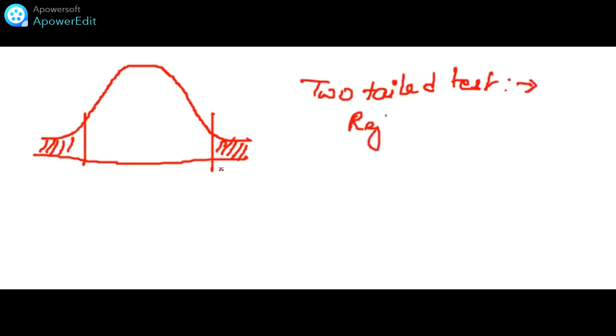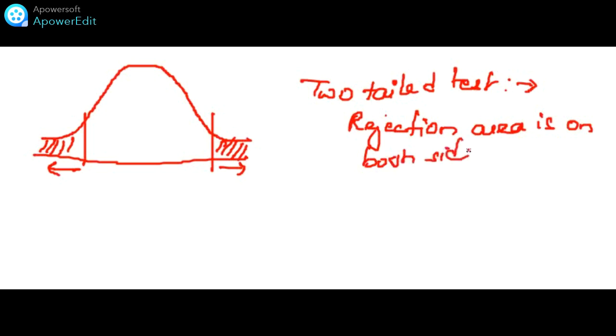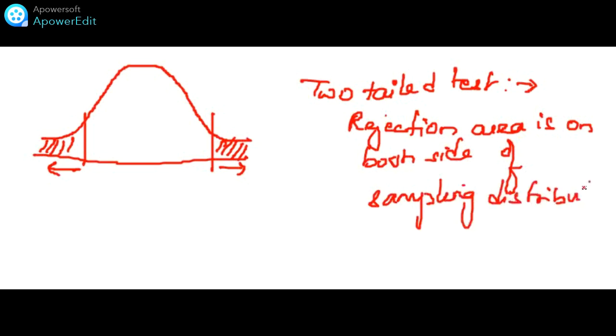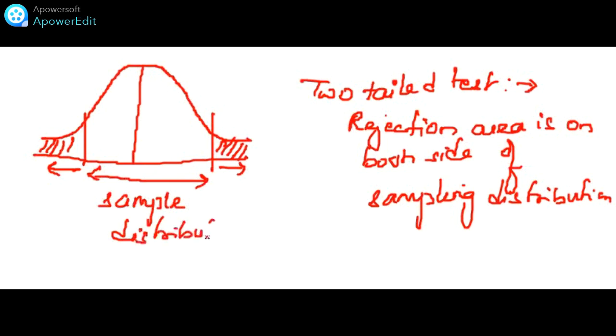This is one tail and this is another tail. So when the rejection area is on both sides of the sampling distribution, this is known as a two-tailed test. This is where our sample mean lies, and this is the area where the sampling distribution lies. Okay, so this is the two-tailed test.